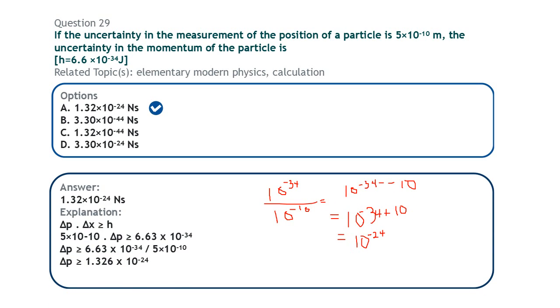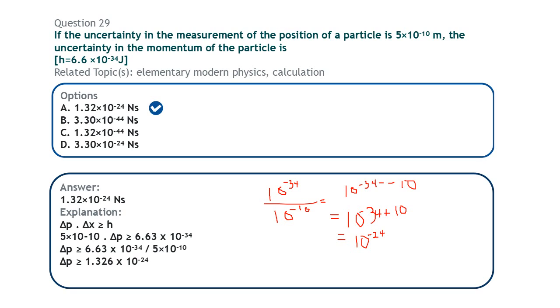So from Heisenberg's uncertainty principle, we have the uncertainty in determining the momentum times the uncertainty in determining the position is greater than or equal to h. Now here in the question, they've given us the uncertainty in determining the position, delta x, to be 5 times 10 raised to the power minus 10.